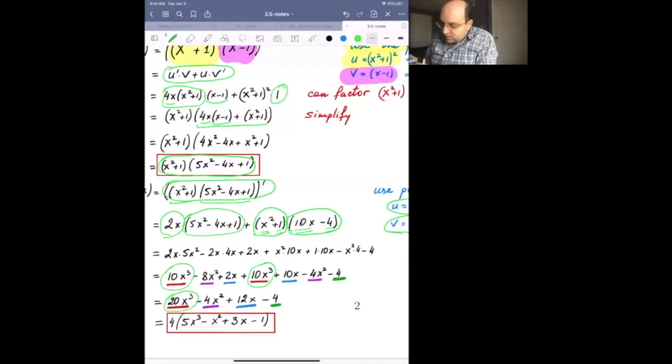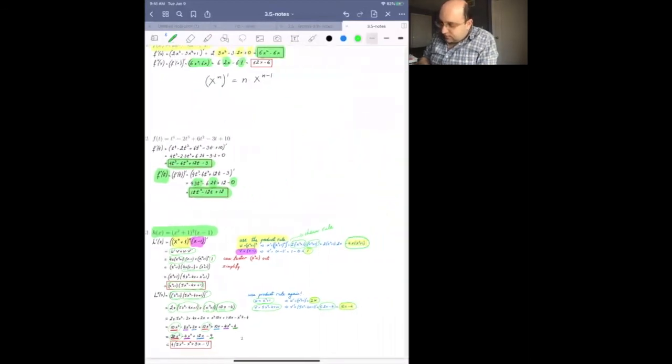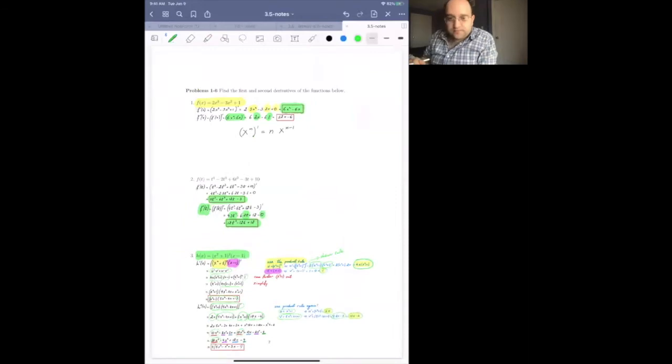So then I see that 4 is a common factor, then I'm going to factor it out, and that's what I get as an answer. Okay, so hopefully that makes sense. So again, all I have to do is to use the product rule in both of these derivatives. So both for h prime and h double prime, I had to use the product rule.